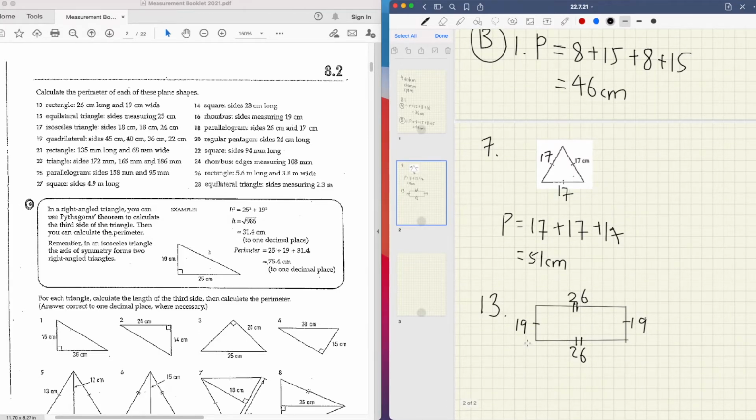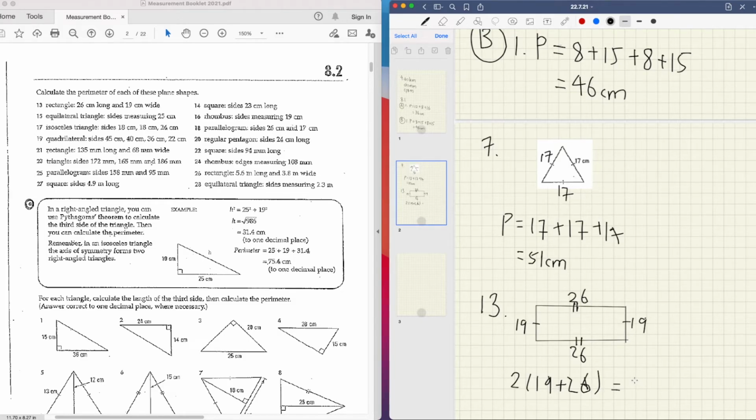Now remember previously I said to add up all the sides and that will give the perimeter. But with a rectangle, there's actually a quick way that you can do this. All you need to do is add 2 of the sides and multiply it by 2. So that's the same as 2 multiplied by 19 plus 26. You can type this onto your calculator.